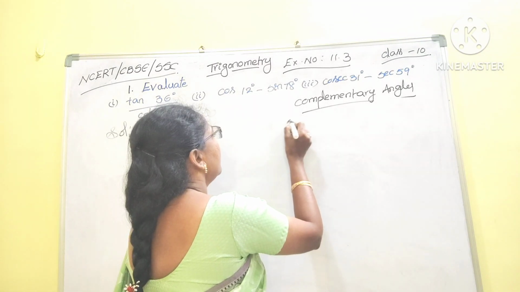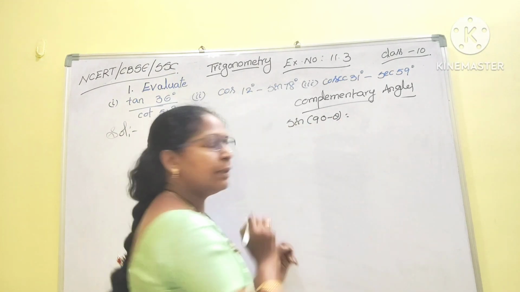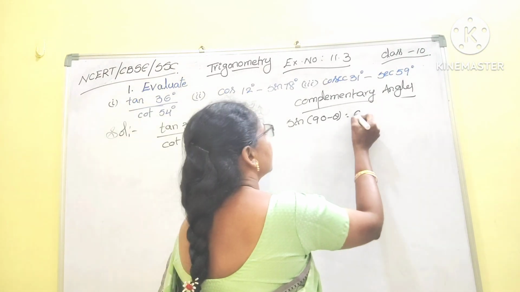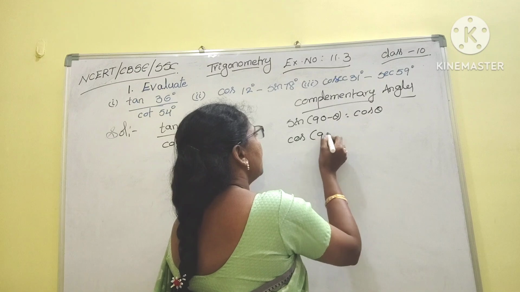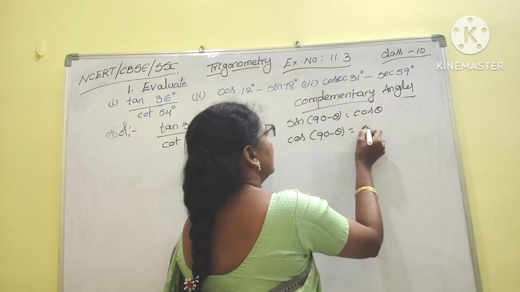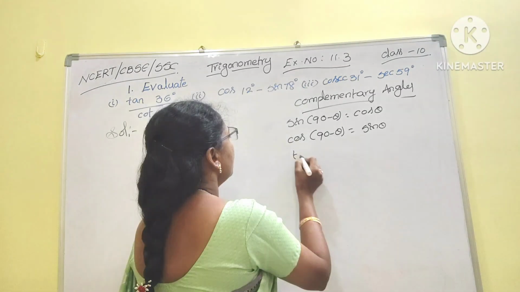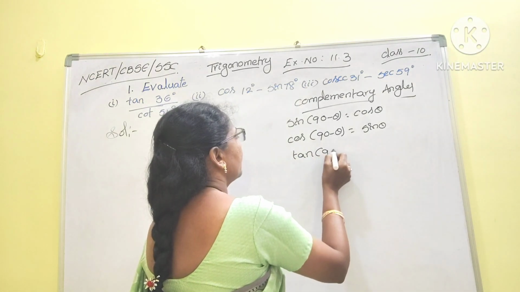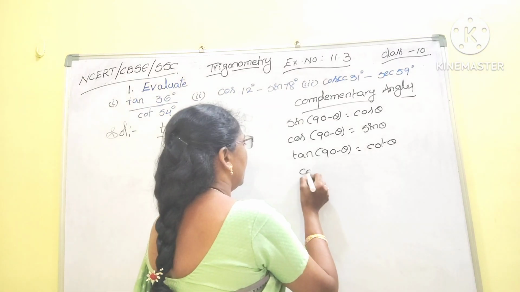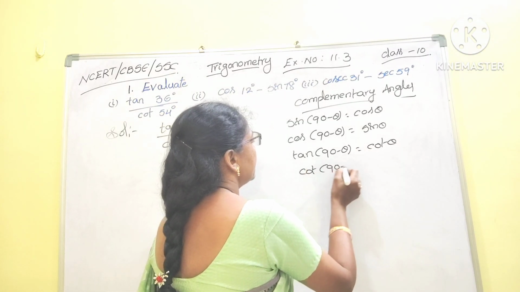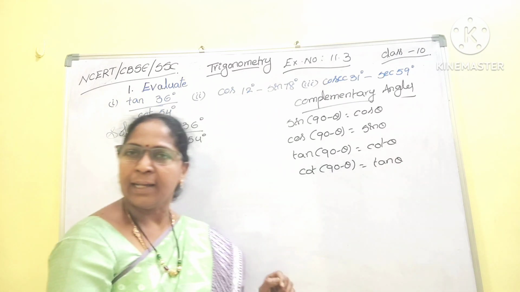Here sin(90 minus theta) equals cos theta. Again cos(90 minus theta) equals sin theta. Tan(90 minus theta) equals cot theta. Cot(90 minus theta) equals tan theta.